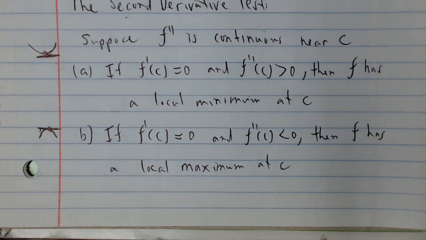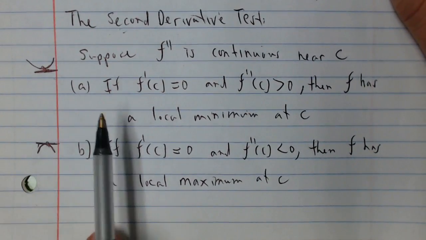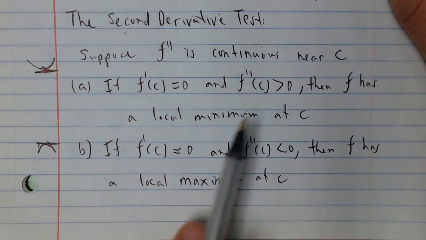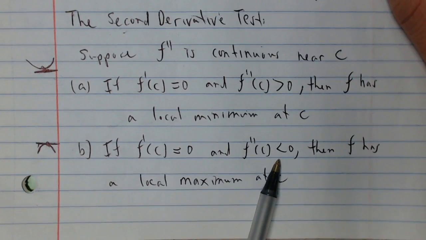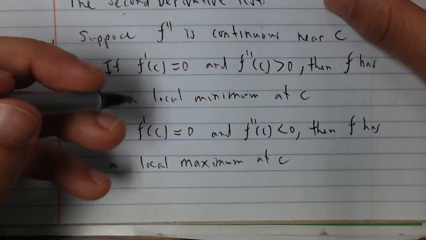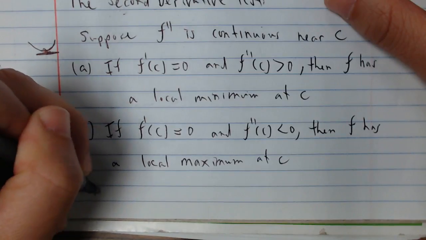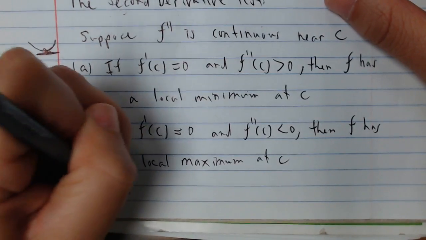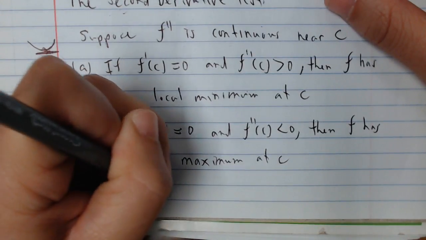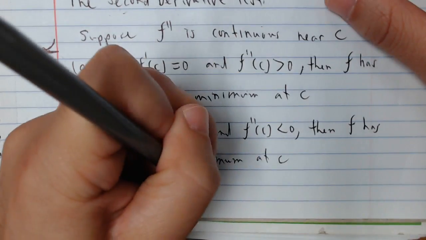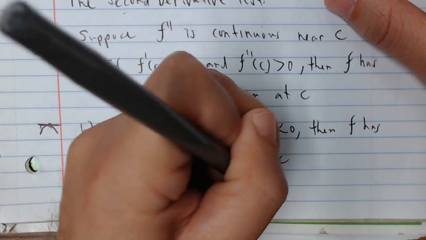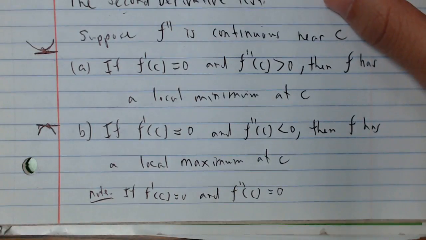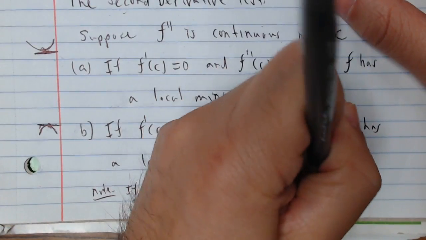When can this go wrong? Notice how in part A, f double prime has to be greater than 0, and in part B, f double prime has to be less than 0. So let's make a note here. If f prime of C equals 0 and f double prime of C equals 0, this is inconclusive.